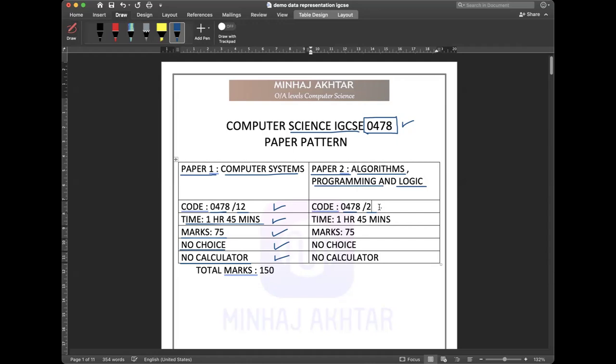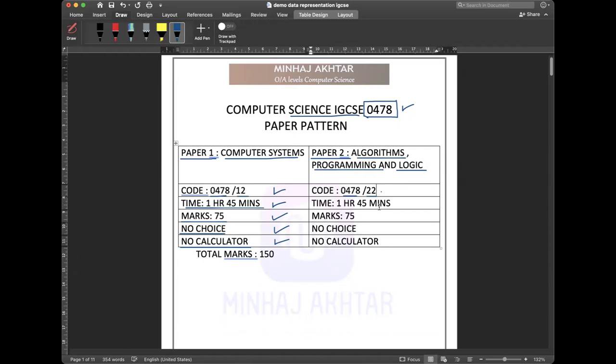It can be 21, it can be 22, it can be 23. The same things are there. The time duration again for paper two is 1 hour 45 minutes. Marks again 75. Again, no choice and no calculator.